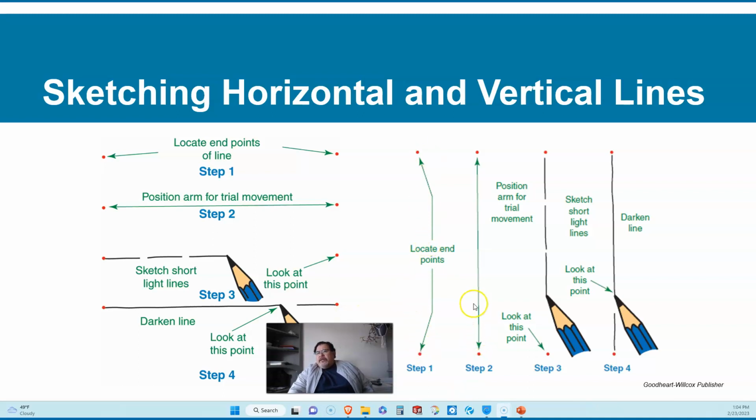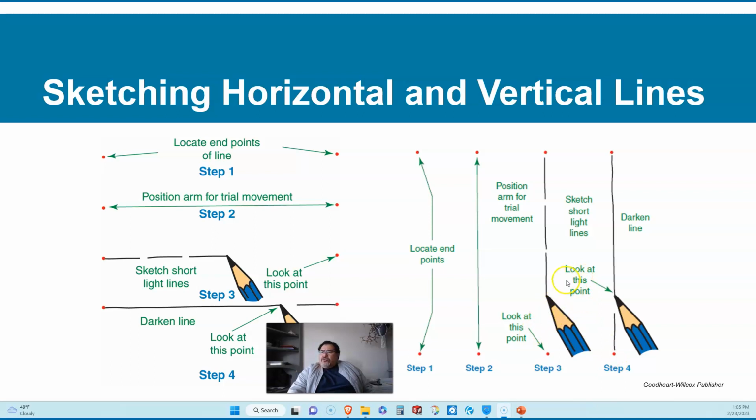You locate the points. You see that's the position of travel. So you position your arm for those travel movements, and then you start drawing some lighter dashed lines to reach that point, and then you can go over in another pass and connect all of the lines, making it a solid line.